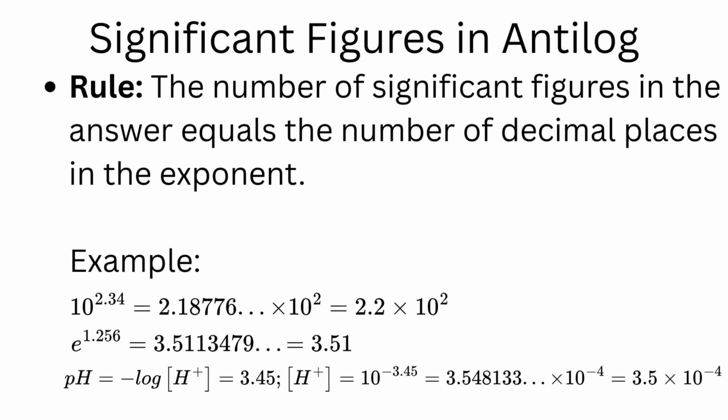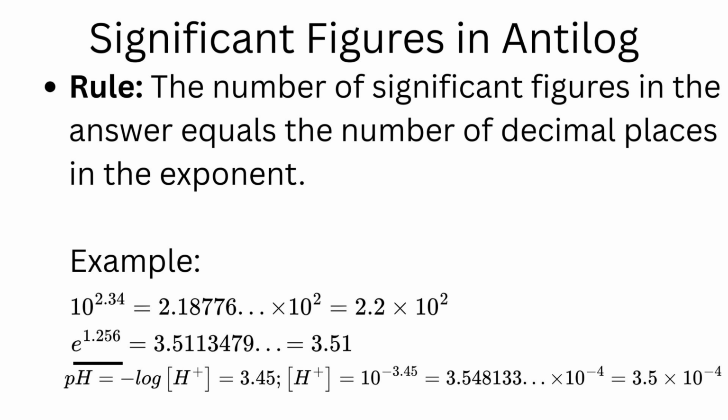Again, understand this, the exponent 2.34 has 2 decimal places, so the result can only have 2 significant figures. So 2.18776 times 10 squared will now become 2.2 times 10 squared after rounding up. Example number 2, natural antilog, e to the 1.256.